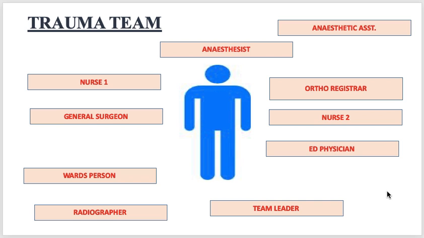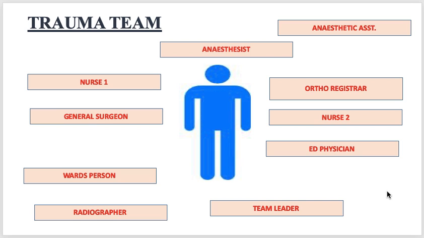So this is a trauma team. You can see it's a multidisciplinary team. There is an anesthetist, anesthetist assistant, ortho registrar, nurses, emergency department physician, general surgeon, ward persons, a team leader, and a radiographer.